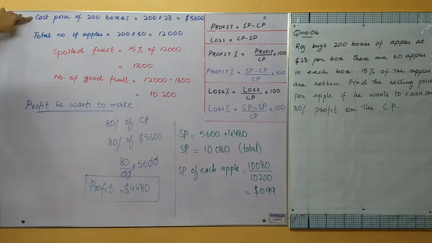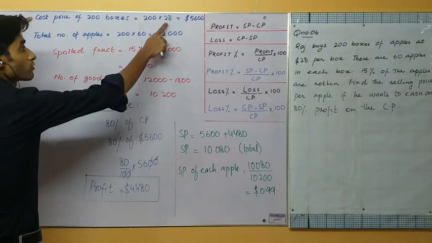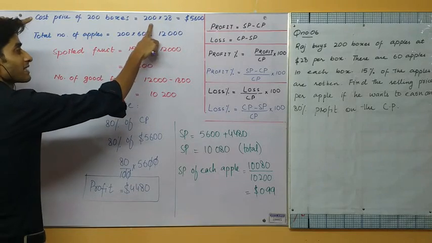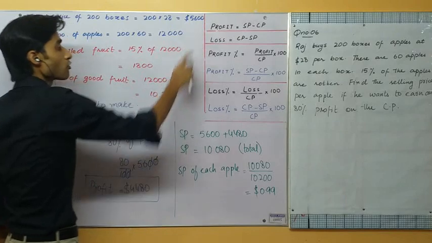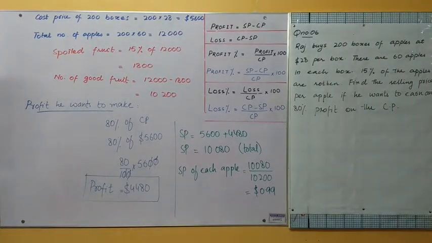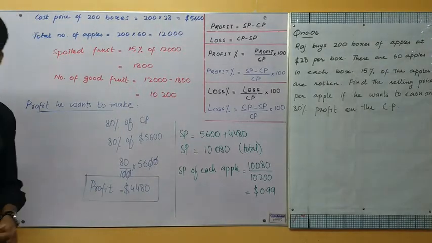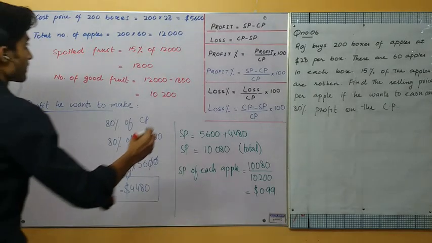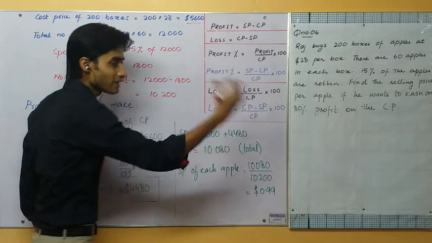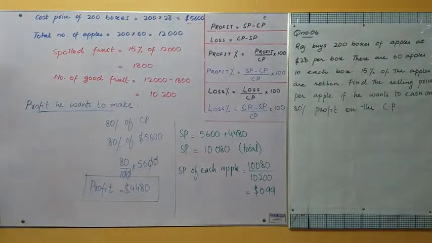Cost price of 200 boxes. What is the cost price of one box? $28. How many boxes has he purchased? 200. So 200 multiplied by 28 will give me the total cost, the total expenditure that he has made. This is the actual cost price of all the apples and all the boxes that he has purchased.